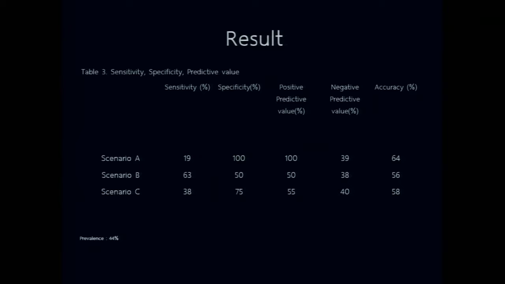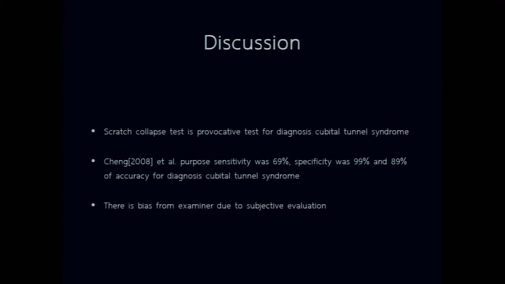In scenario A, sensitivity was 19% and specificity was 100%. In scenario B, sensitivity was 63% and specificity was 50%. In scenario C, sensitivity was 38% and specificity was 75%.